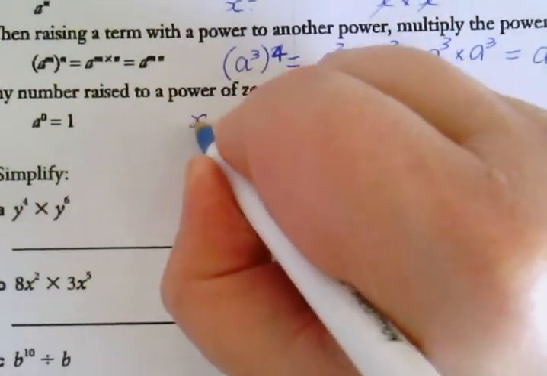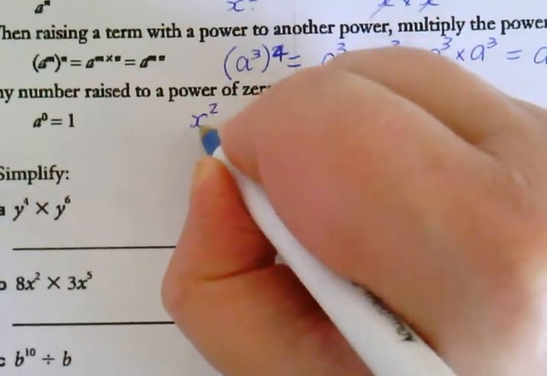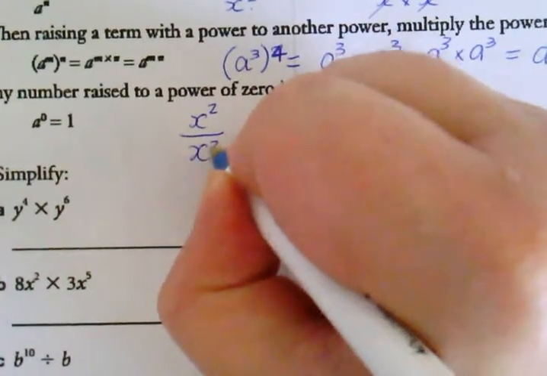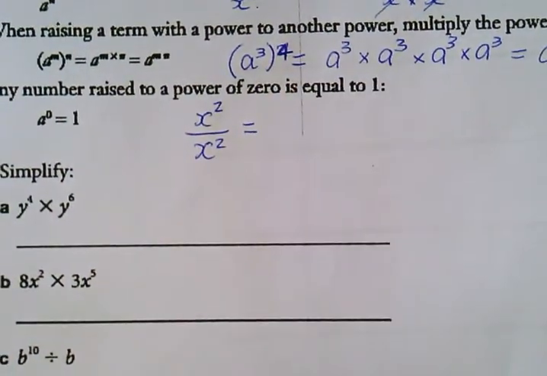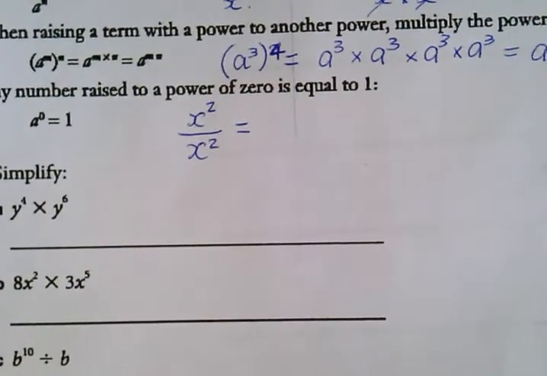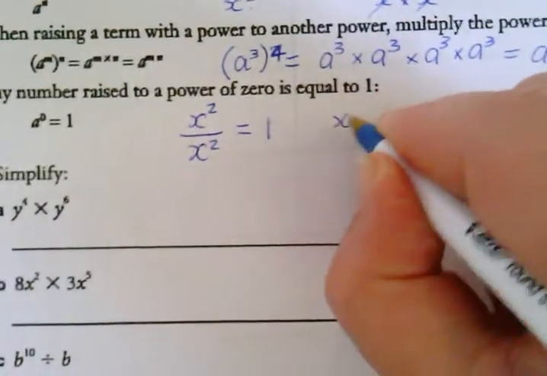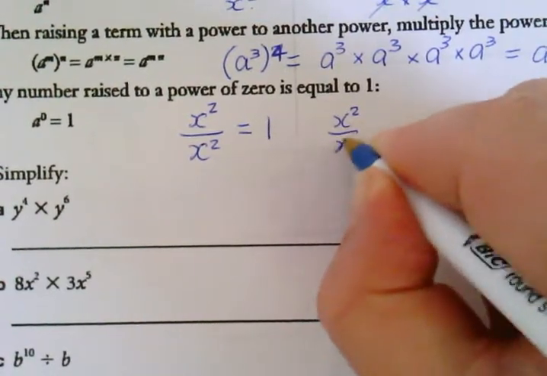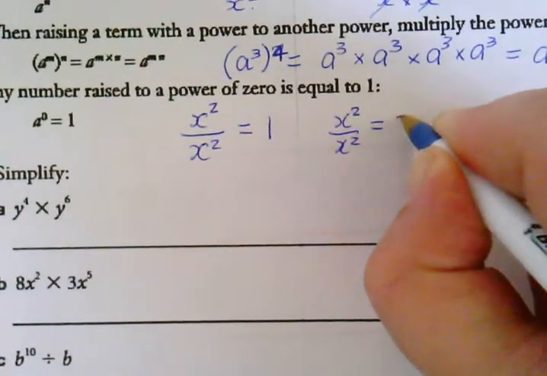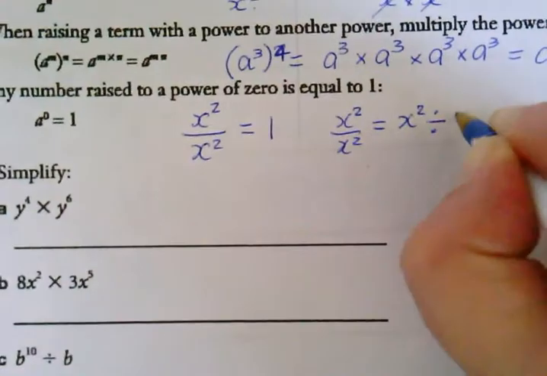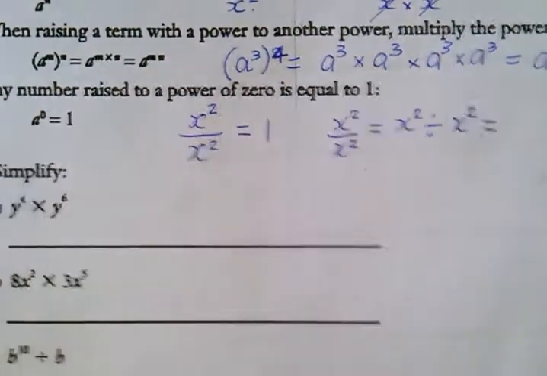So, just watch what I'm going to do here. What's x squared over x squared, ladies? What's anything divided by itself? All right, good. Now, I'm going to do x squared over x squared another way. x squared over x squared is the same as x squared divided by x squared. Do you agree?